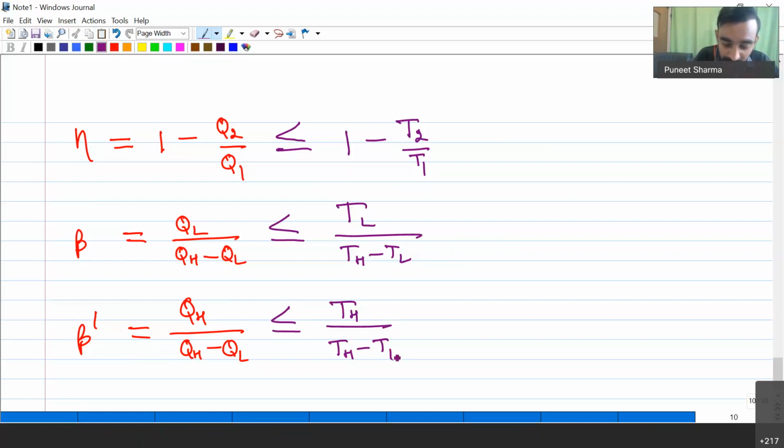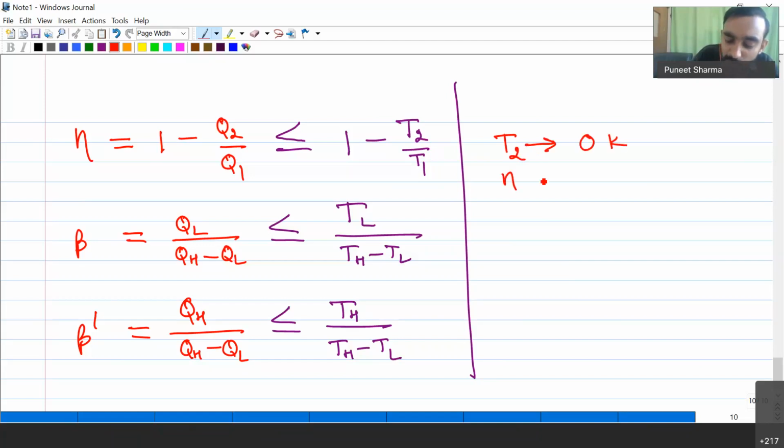Now one important point you can see: T2 is nothing but the sink temperature in case of a heat engine, the temperature of the thermal reservoir which receives the rejected heat from the heat engine. When the value of T2 becomes 0 Kelvin, our efficiency will be equal to 100%.